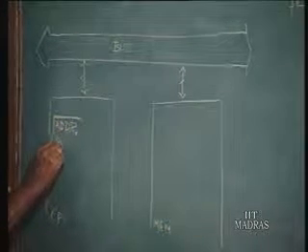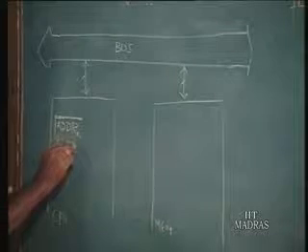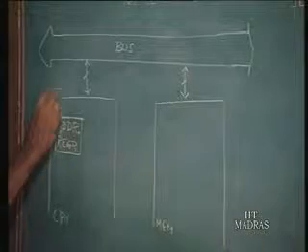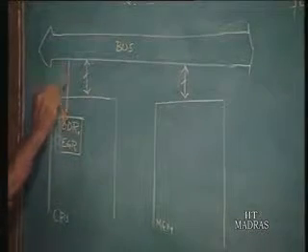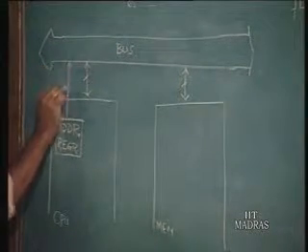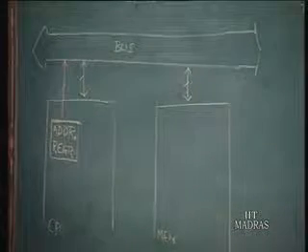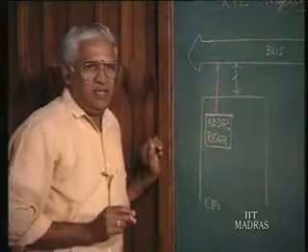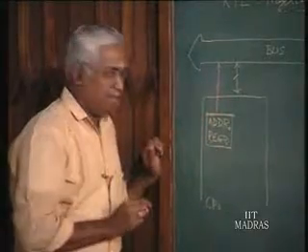I'll just call this particular one, from where the address comes, the address register. So the CPU places the address from the address register on the bus, some set of bits, some code.